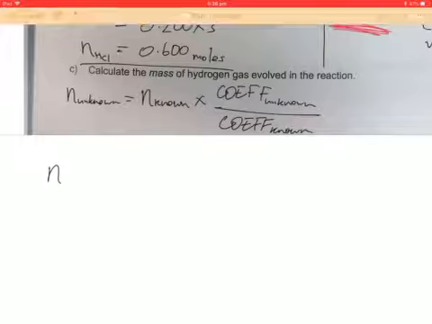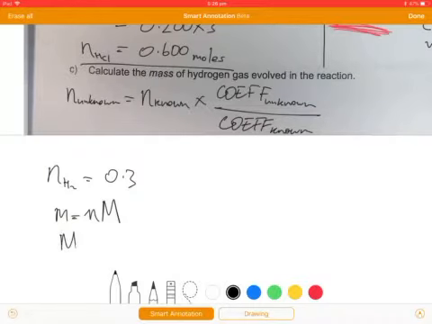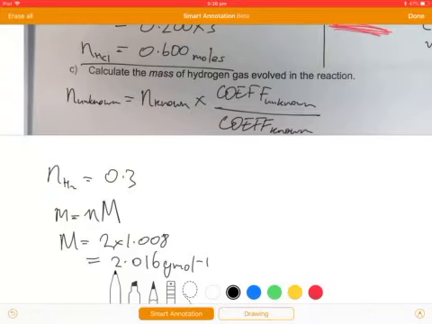But the moles of hydrogen was equal to 0.3, and then the mass is going to be equal to moles times molar mass. Molar mass is equal to 2 times 1.008, which is equal to 2.016 grams per mole.